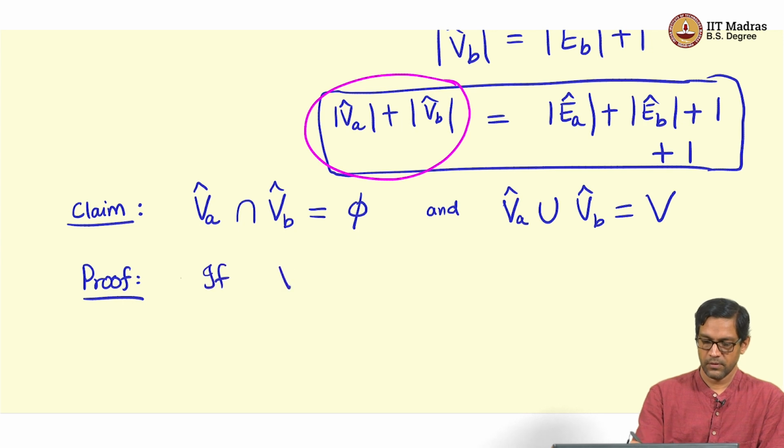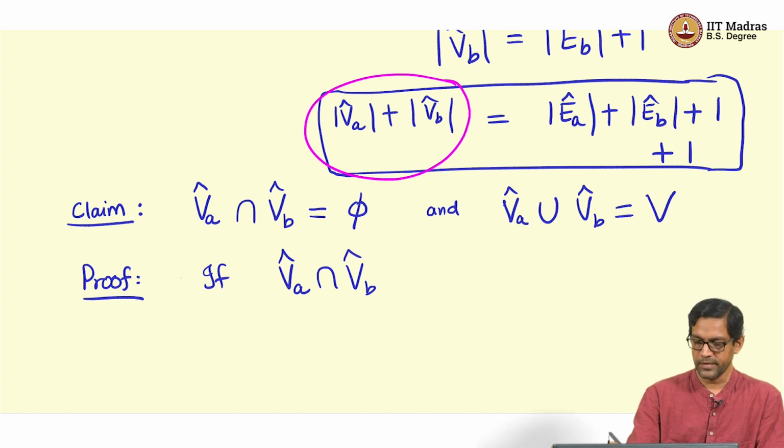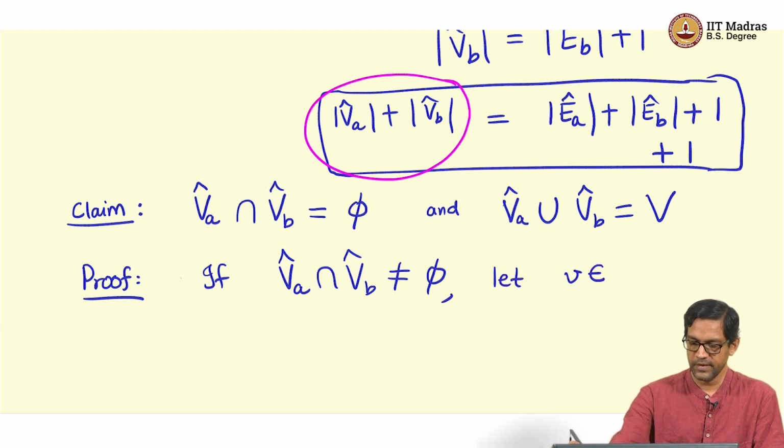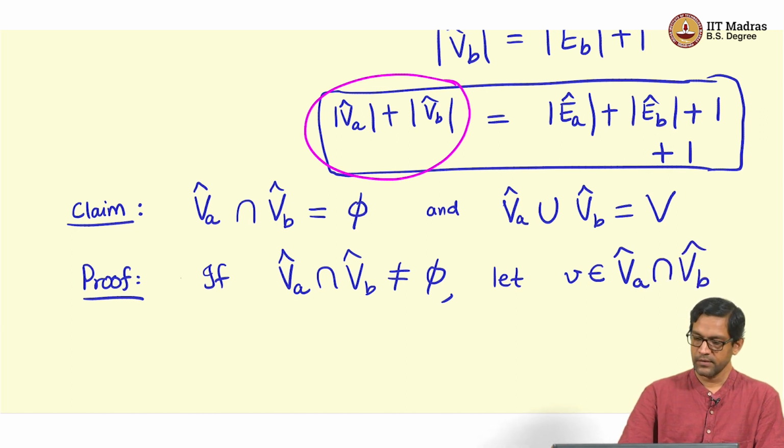If the intersection of VA hat and VB hat was non-empty, let us take a vertex which belongs to this, let V be a vertex in the intersection. Now, what does that mean?